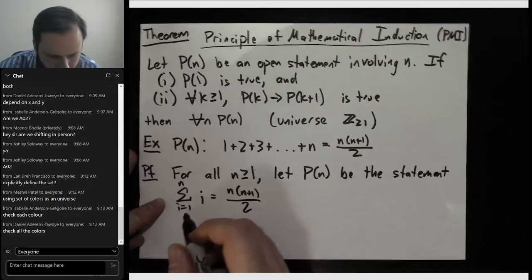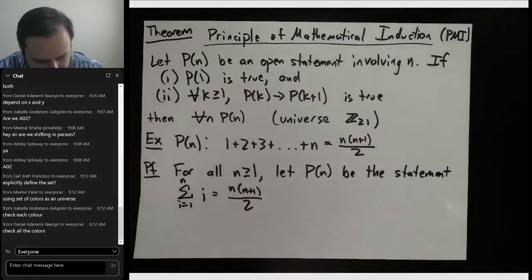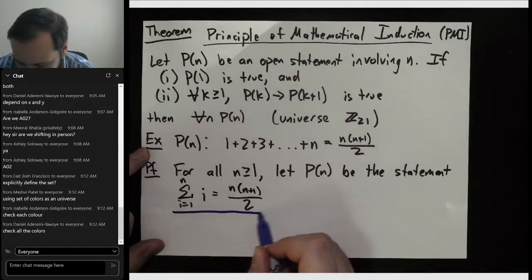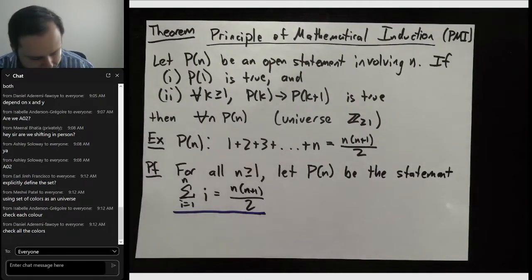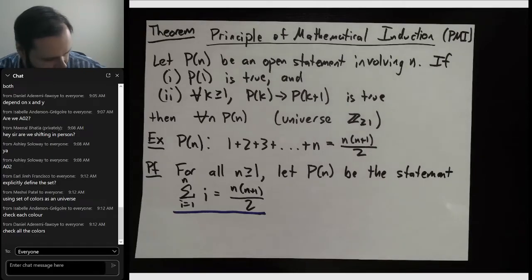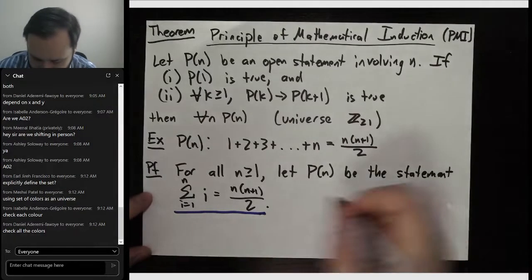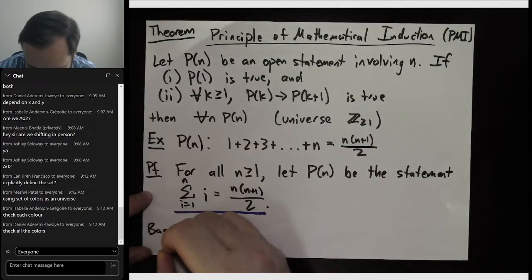I'm going to underline in blue the stuff that's particular to this proof. But everything else that's not underlined in blue is going to be the standard template. Okay. Base case.